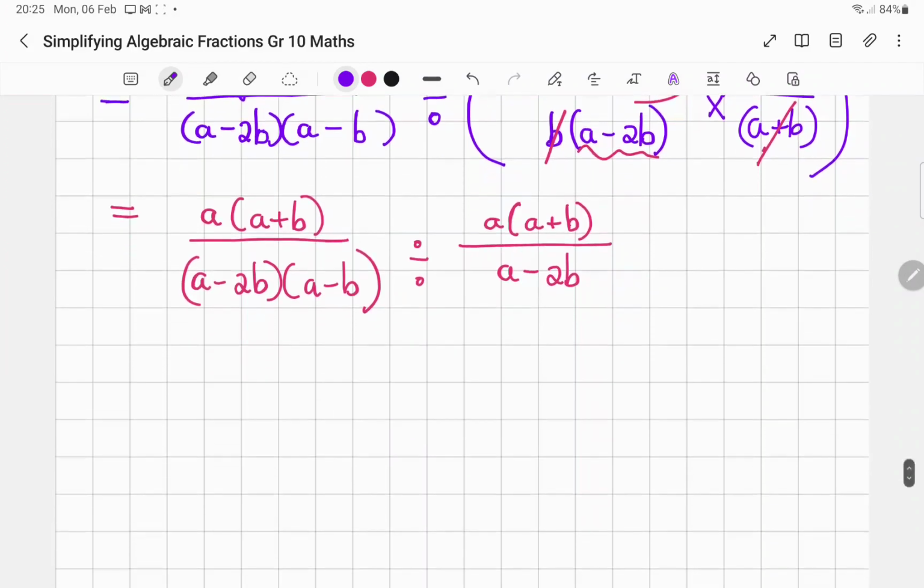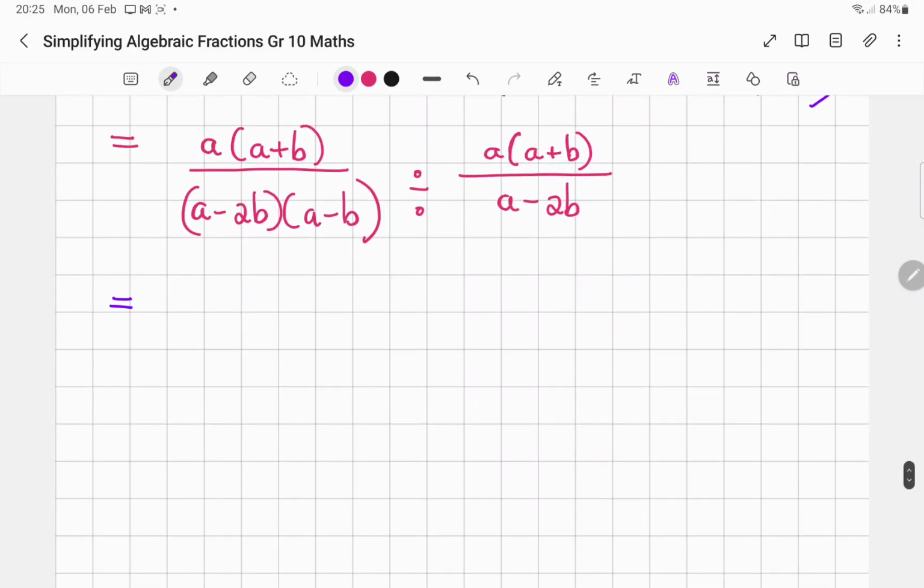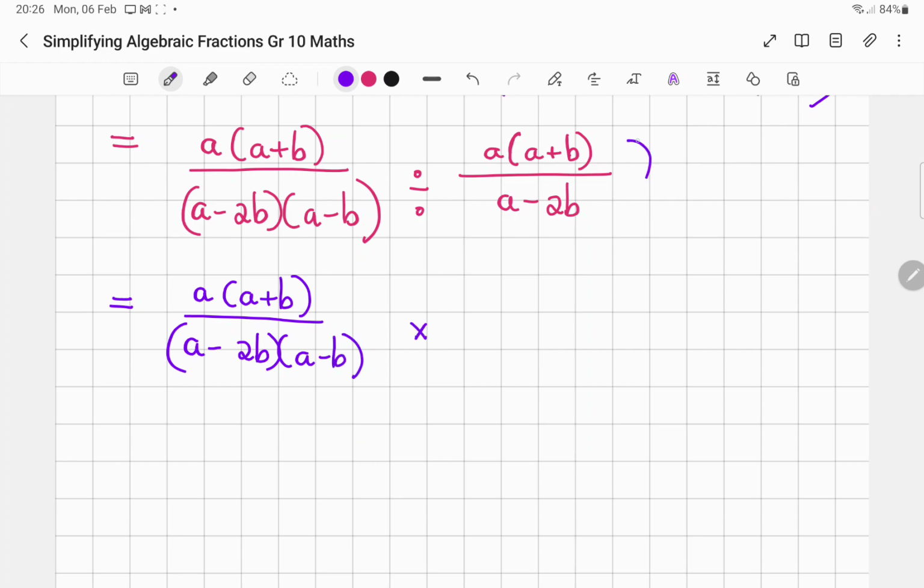Okay, now I'm going to times and tip. A plus b over a minus 2b, a minus b, times and tip. So a minus 2b goes at the top, and a plus b goes at the bottom.